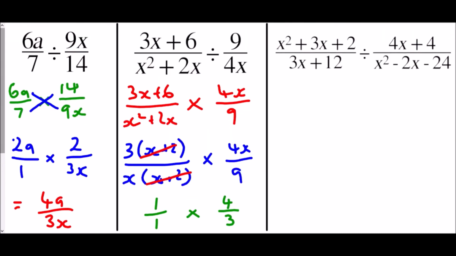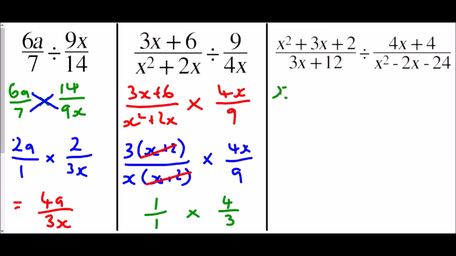And finally, we have x squared plus 3x plus 2 over 3x plus 12 being divided by 4x plus 4 over x squared, take away 2x, take away 24. And so, what do we want to do? Well, we want to make sure that we factorise, but before that, we want to copy, change, flip.